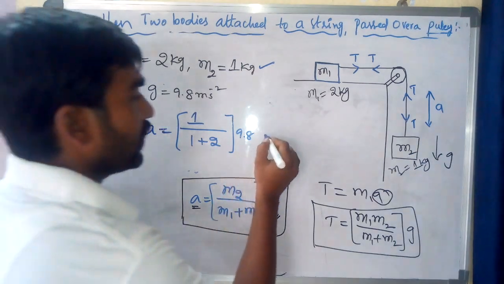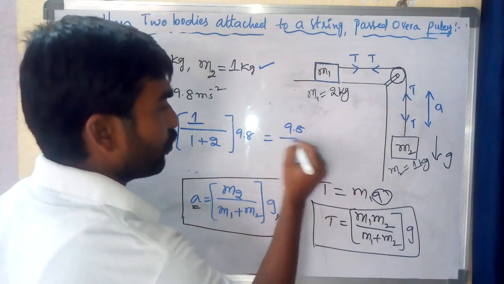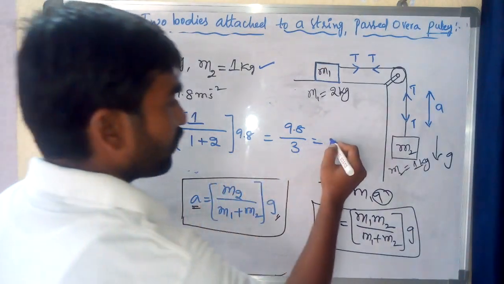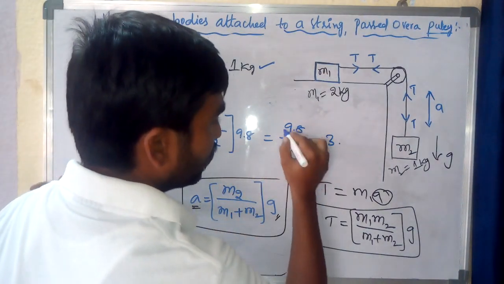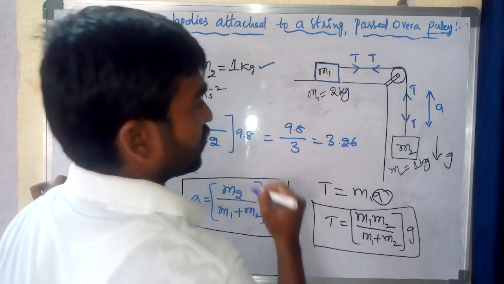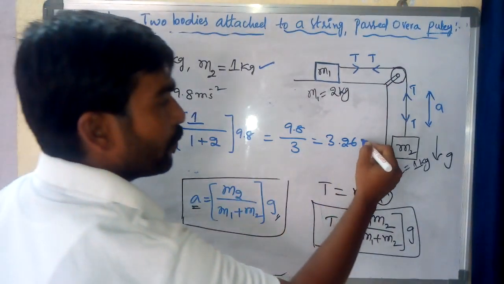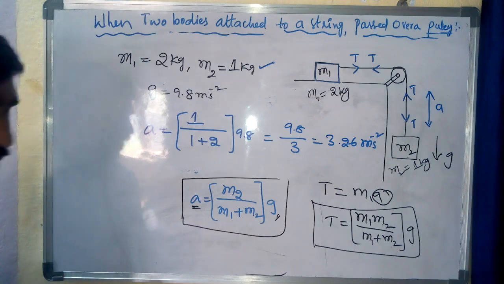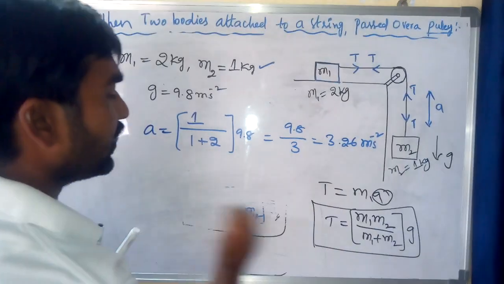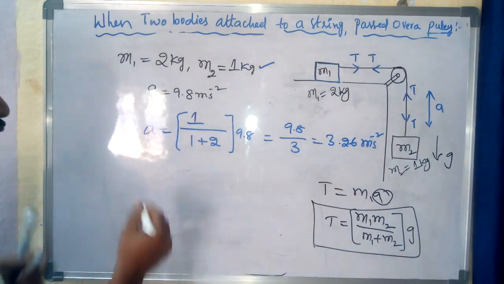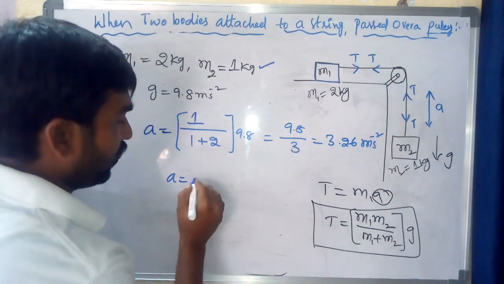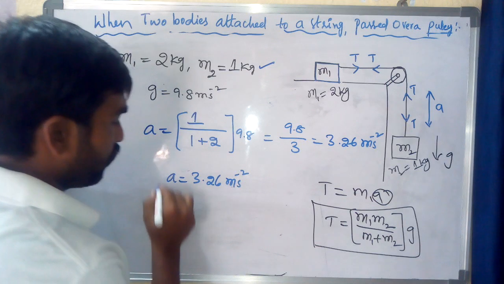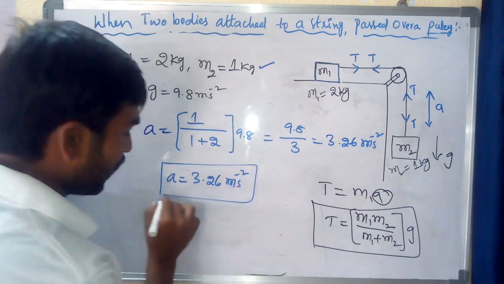It is approximately 3.26 meter per second squared. So A is equal to 3.26 meter per second squared. Meter per second squared is the unit of acceleration.